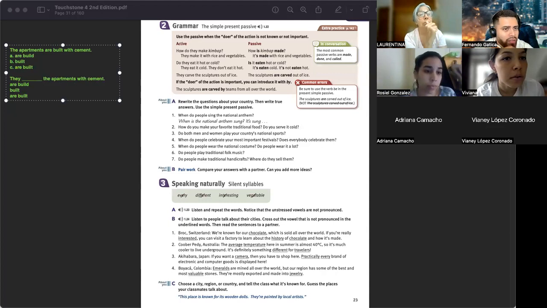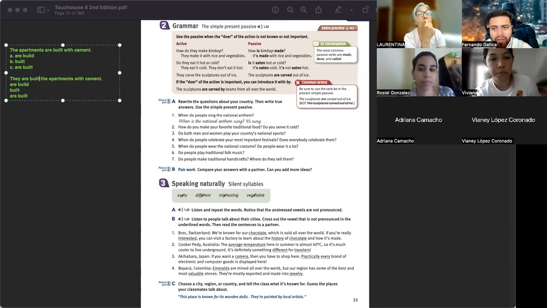Are built. If we say it like this, are built, ellos fueron construidos los departamentos con cemento. Got it. It is not correct. So, they built. Ellos construyeron. They built the apartments with cement.